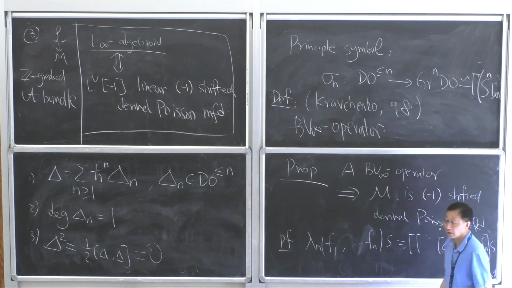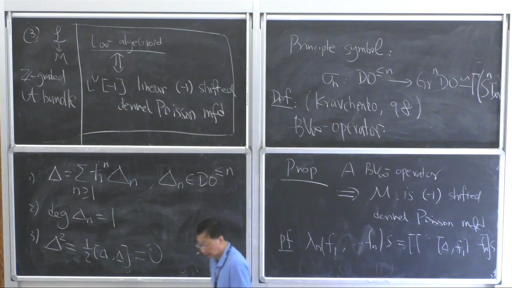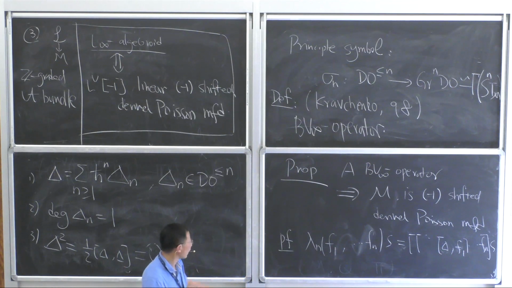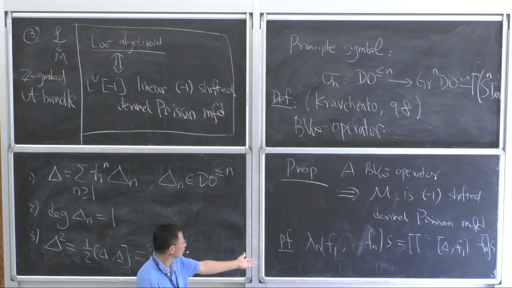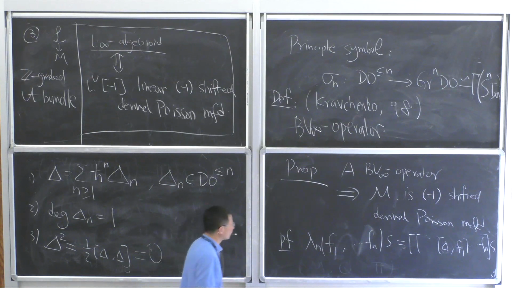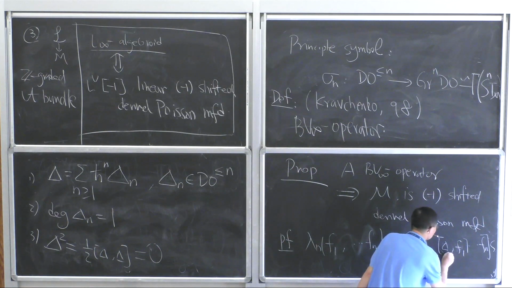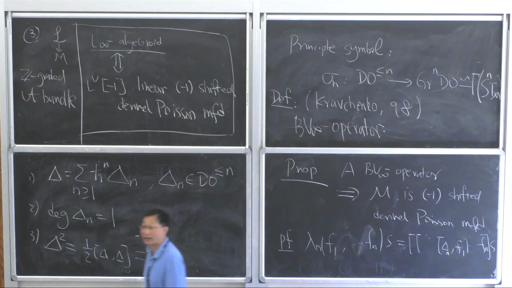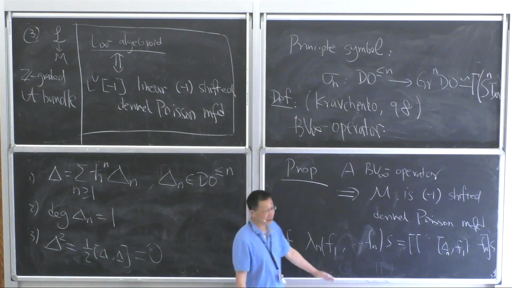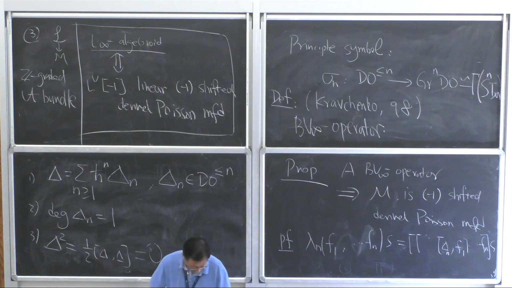S is just the symbols, the sections of the density. And you can see because this operator delta n, so I should say delta n, since delta n is of maximum order n, you take a commutator n times, so then you get an operator of order 0, which is a function, right? So this is basically, you can see this is an infinity one algebra. So that's the idea.